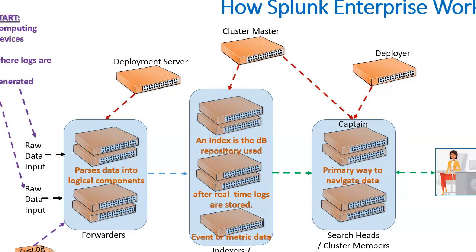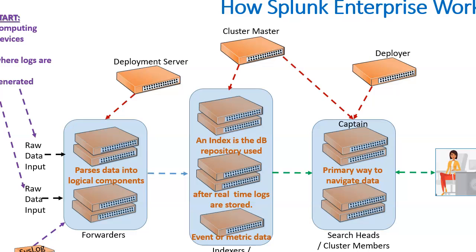The third segment is indexing, and this is really in the middle column, the repository for data, right, where the indexer takes this parsed data, these parsed events, and writes them to a search index on a disk. And so there are really two types of search indexes. There's an event index, which is the default type, right? And that'll hold any kind of data. And then there's a metric index, which is going to hold metric data.